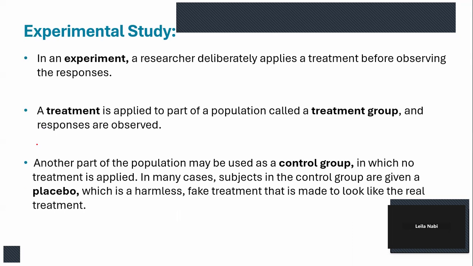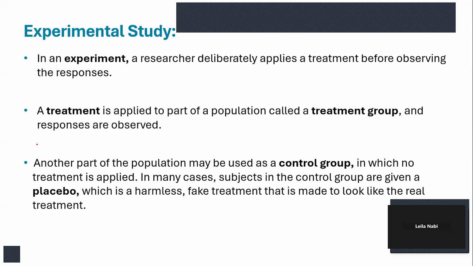But when they are giving the treatment, they usually give it to part of the population, which is called the treatment group. And the other part of the population, called the control group, receives a placebo. That means they are not receiving treatment, they are receiving something called a placebo.